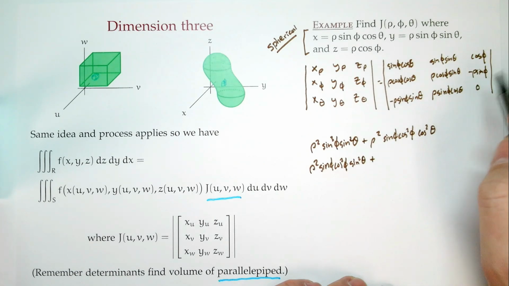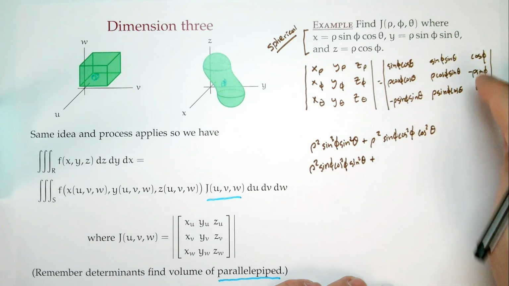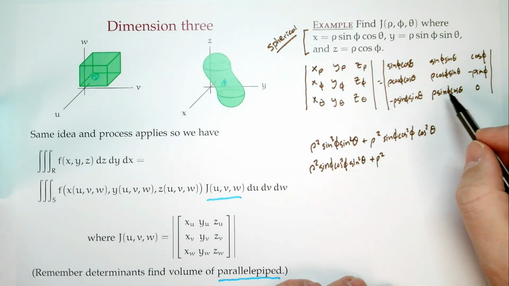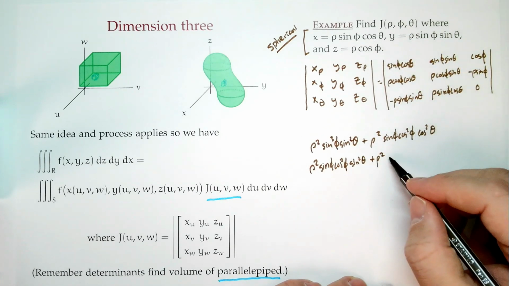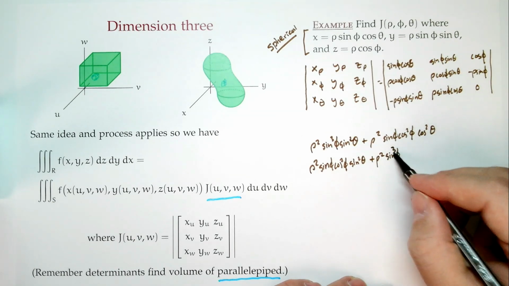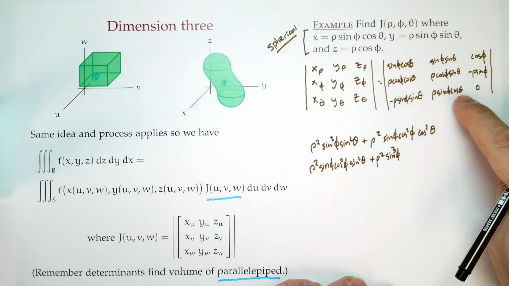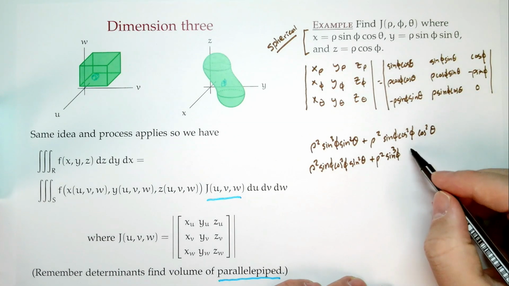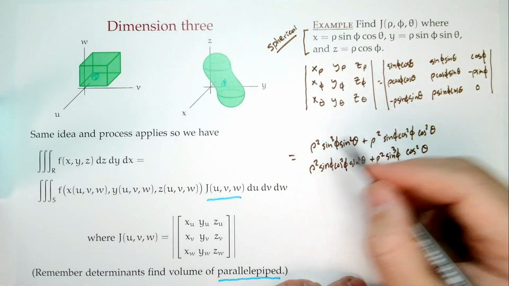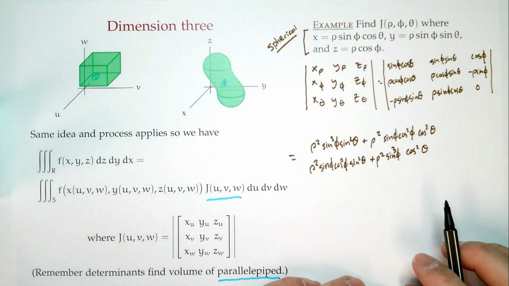Well, we're going to subtract, because of the minus, it becomes a plus. Still we have two rows, rho squared. Then we have sine phi, sine phi, sine phi, so that's sine phi cubed. And then we have cosine theta, cosine theta, so that's cosine squared theta. Okay, so that's what we end up with.